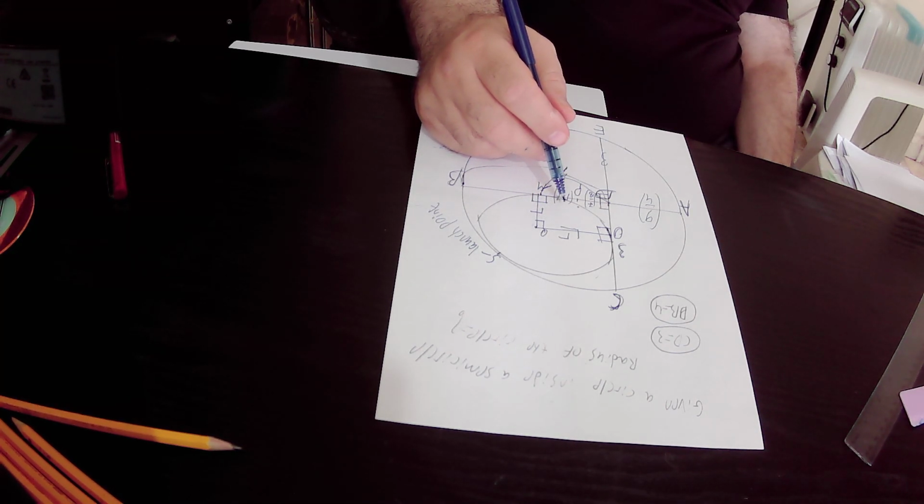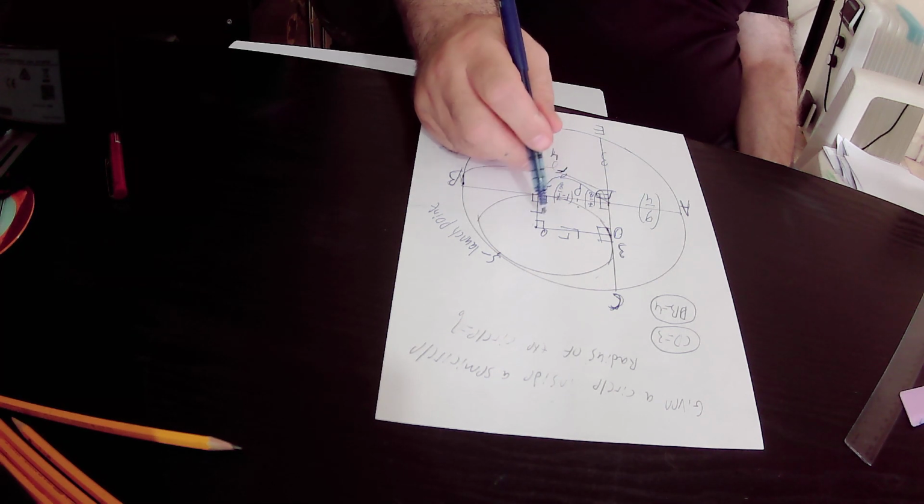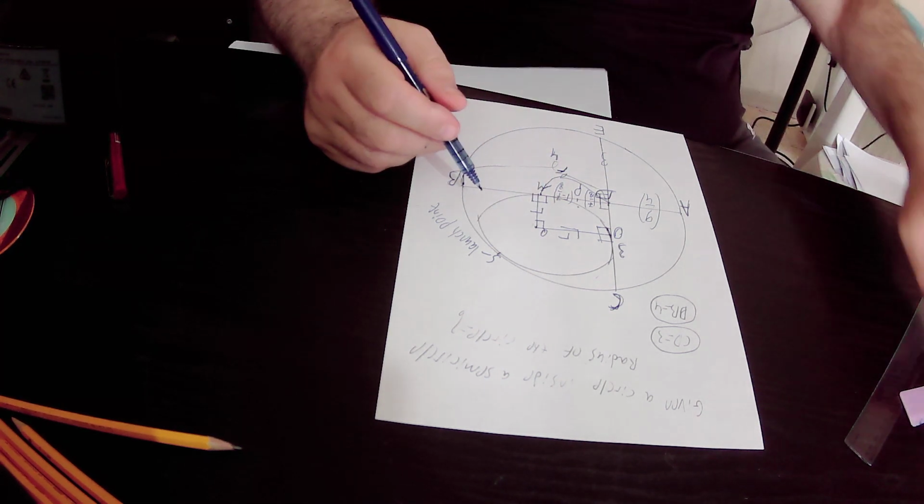And according to rule number 2, the straight line that connects their centers is PQ.